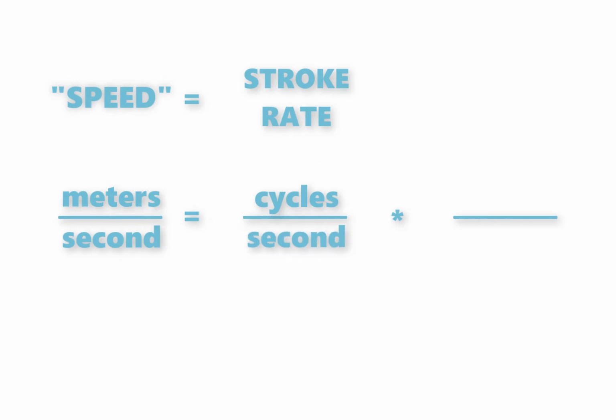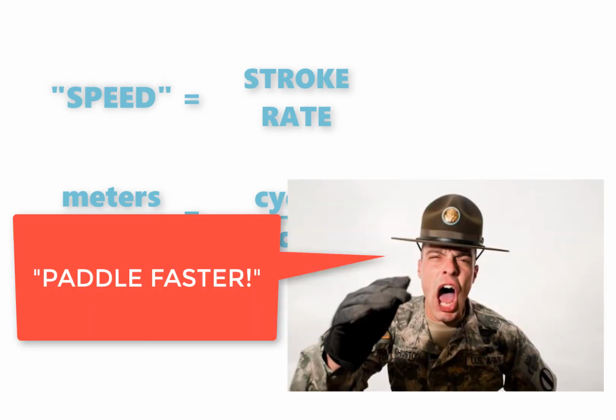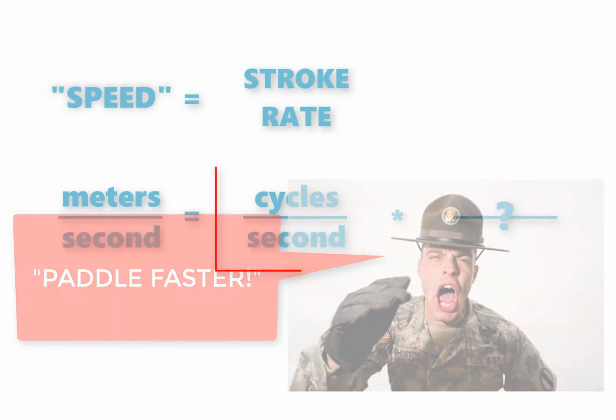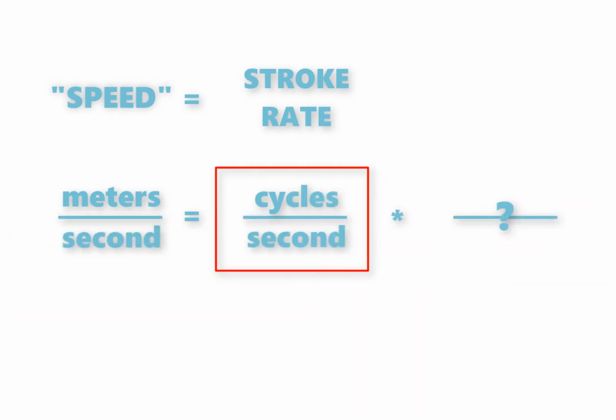Our formula now reads, speed, which is meters per second, is equal to cycles per second times something else. So all of those coaches and friends and strangers who are yelling at you to paddle faster or move your arms faster were in essence correct, according to this formula at least.